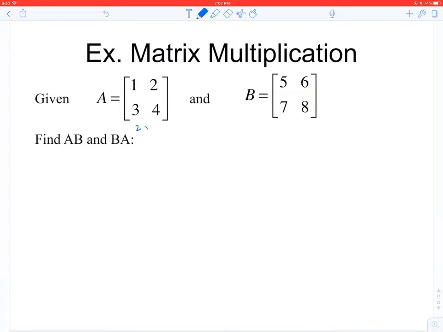So matrix A is a 2 by 2 matrix, and so is matrix B. When we try and find A times B, the number of columns for A matches the number of rows for B. Therefore, we know that we will end up with a product. And the matrix that we'll get from multiplying A times B will also be a 2 by 2.